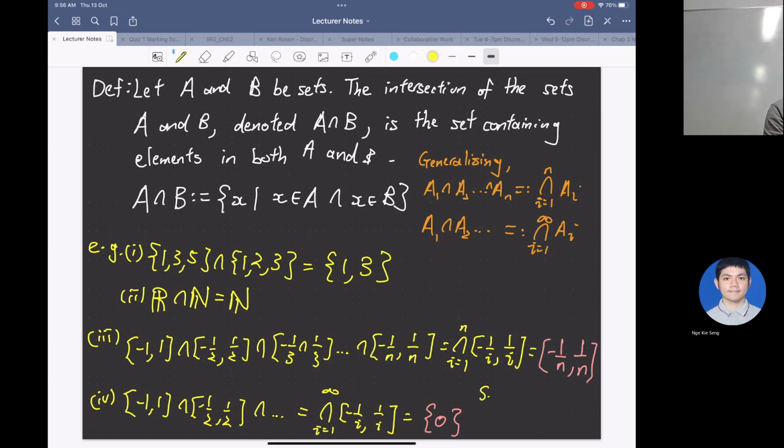So suppose you think this is the smallest one, but I can find an even smaller one. But 1 over k plus 1 is even smaller.